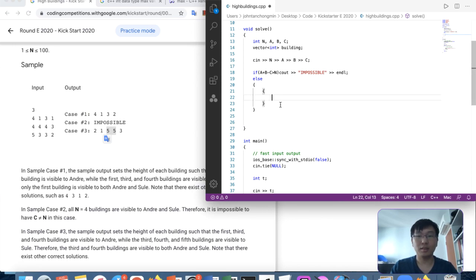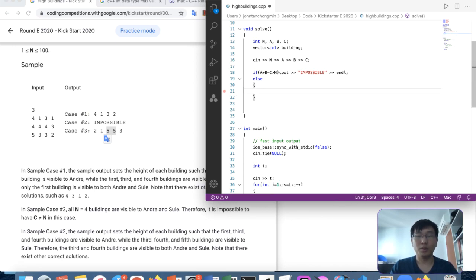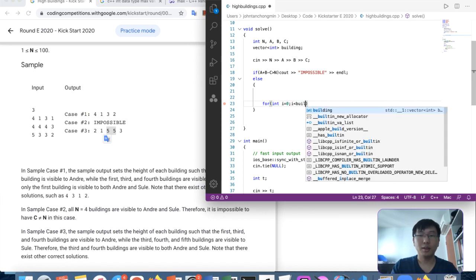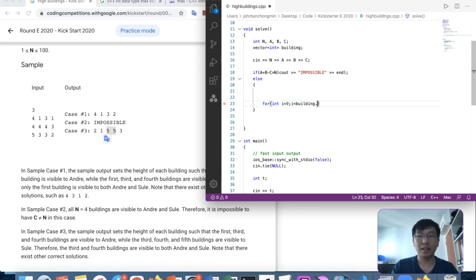So else, what we'll do is, I mean the last part here will be for int i equals 0, i smaller than building's size, i plus plus.